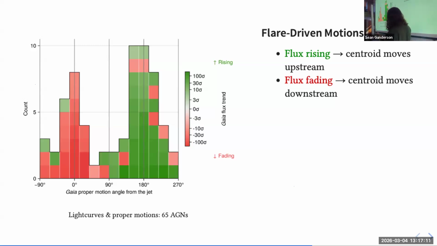And of course, in terms of measurements, these are completely independent, unrelated measurements instrumentally. Proper motion is derived from position information, flux is derived from just the brightness on the CCD. And still we see almost perfect correlation.